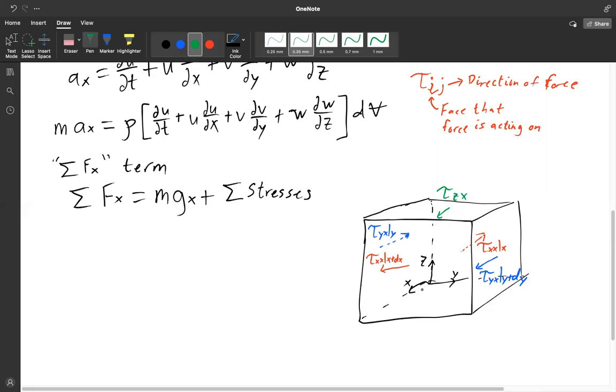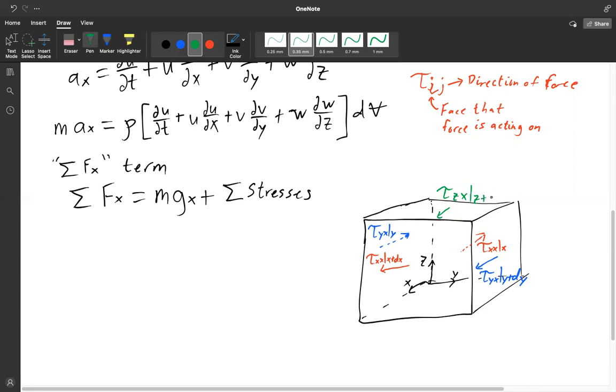We are just changing the face that the force is acting on. I probably should have explained this sooner, but tau is our shear stress.